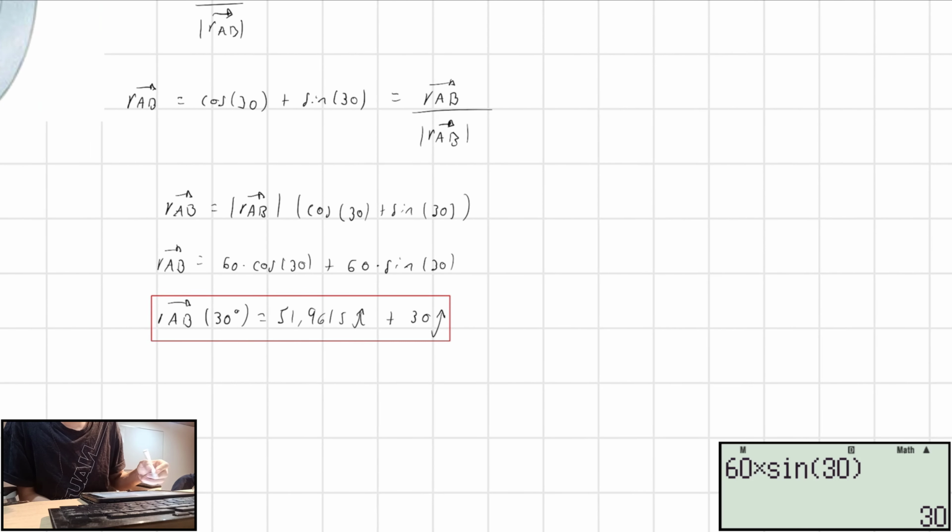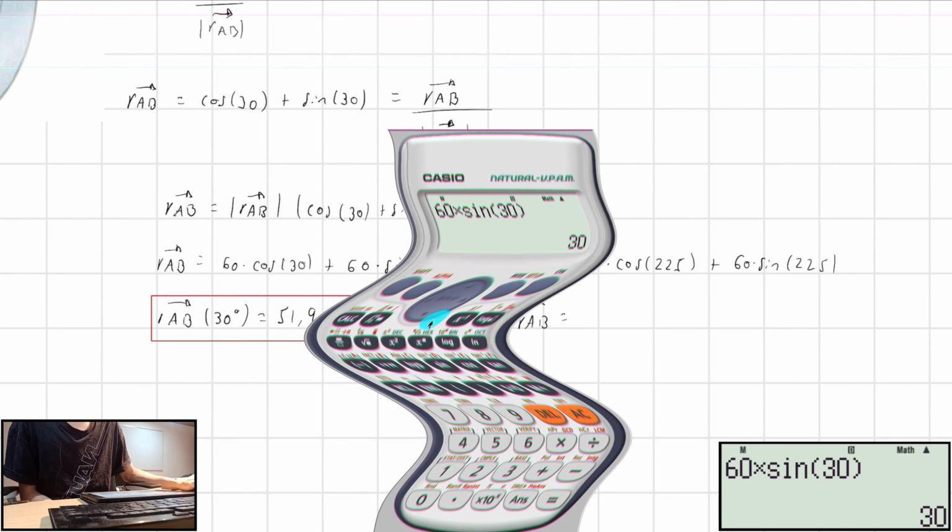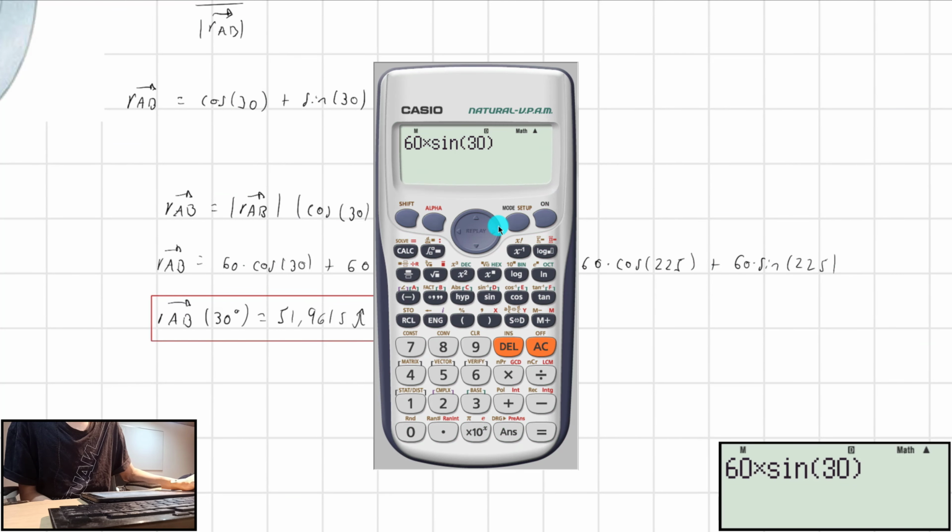Now, for the second answer, all I have to do is to evaluate the same equation, but taking into account the 225 angle. So let me change this.